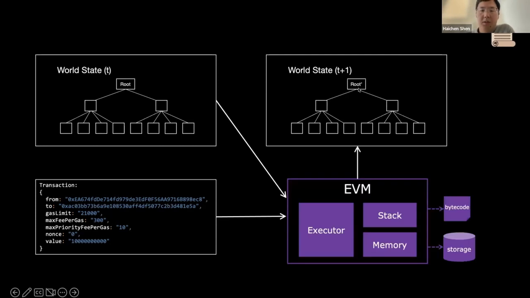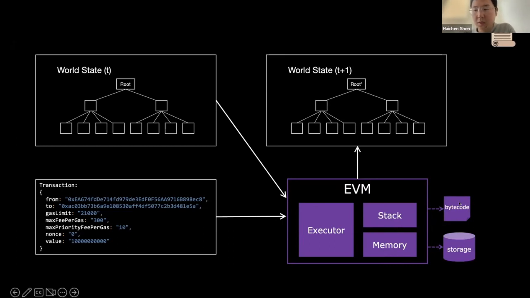If you look in more detail at how the EVM works internally, inside this virtual machine you have an executor that executes every opcode with a stack and memory. Those are transient storage: you push and pop from the stack, and load and save things into memory, which disappear after each execution.